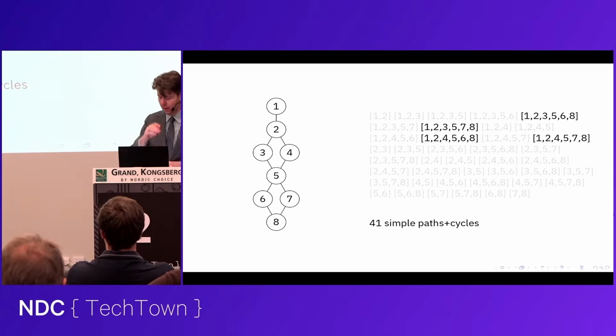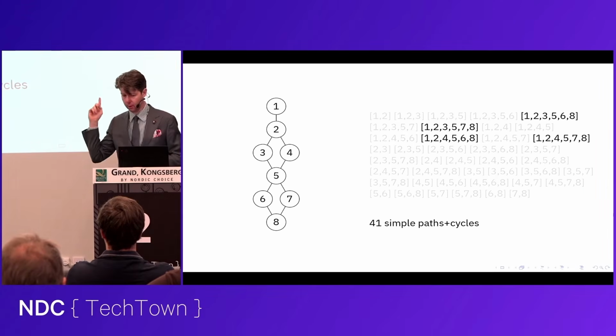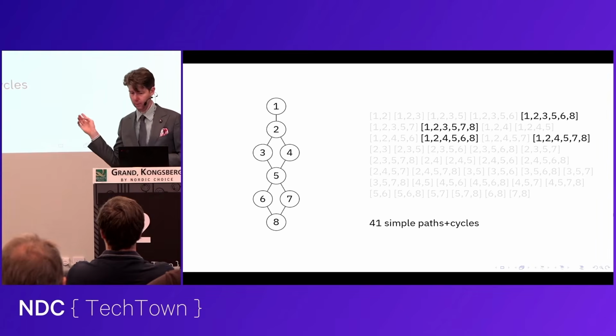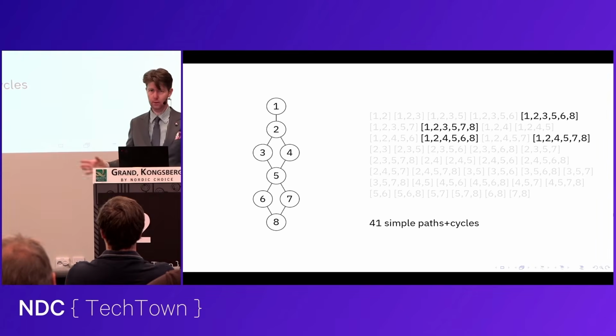No. Because these 4, if you could do these 4, they would actually cover all of the other ones, because all of the other paths in this picture are contained in either of these 4. They're a part of either of these 4, which is where the prime thing comes in.